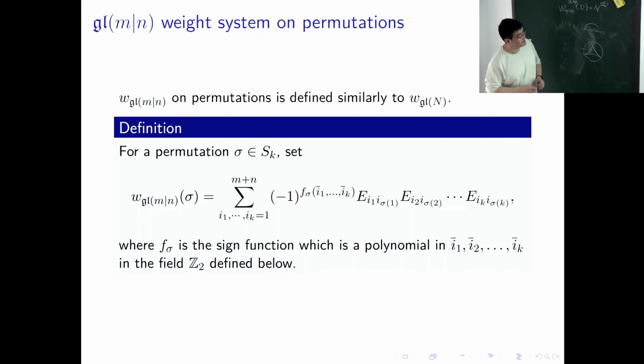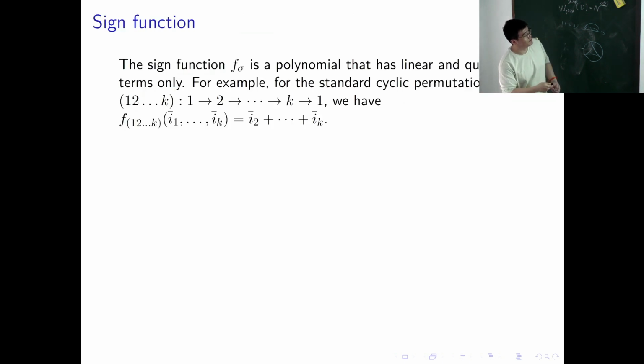So we can define this weight system W_gl(m|n) of the permutation sigma as the sum of (minus 1) to the power of the sign function f_sigma times E_{i1 i_sigma(1)}, E_{i2 i_sigma(2)}, ..., E_{ik i_sigma(k)}. Here f_sigma is a sign function, a polynomial in i1 bar, i2 bar, ..., ik bar. And actually, we have a recursive version of this sign function.